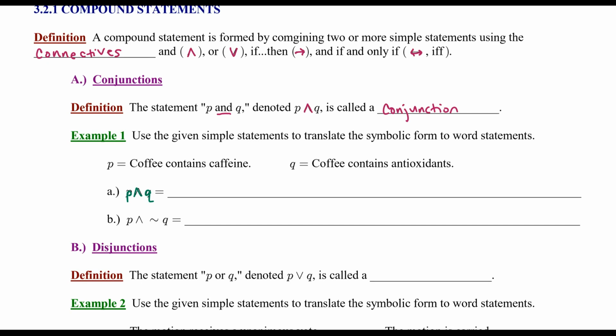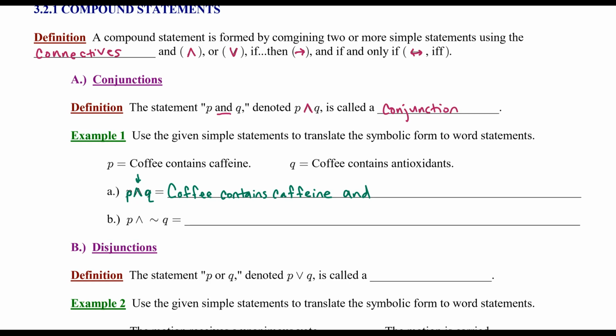So we'll begin with the statement P. Coffee contains caffeine. So that's the P part of our symbolic statement. The next thing that I see is this symbol, and we have learned that represents the word and. Then we'll translate the statement Q. The statement Q is coffee contains antioxidants.